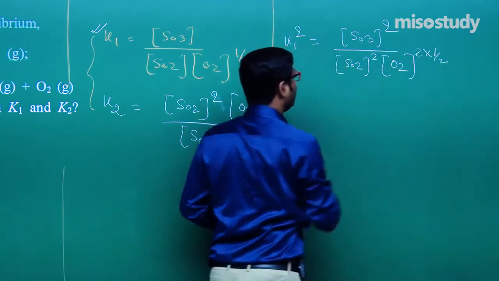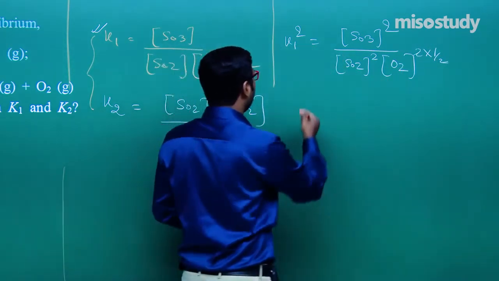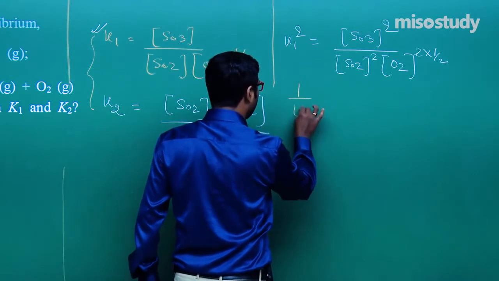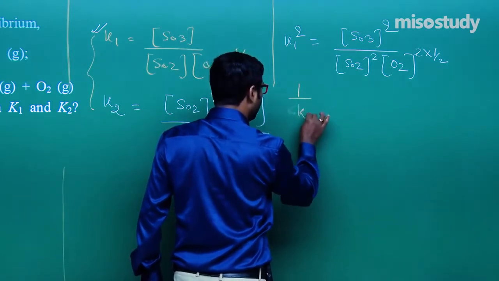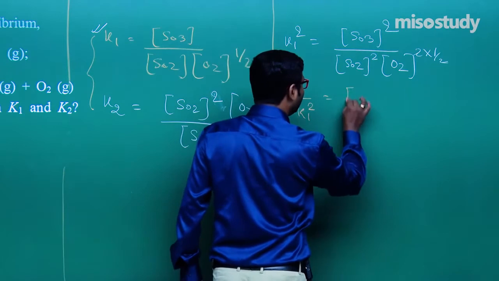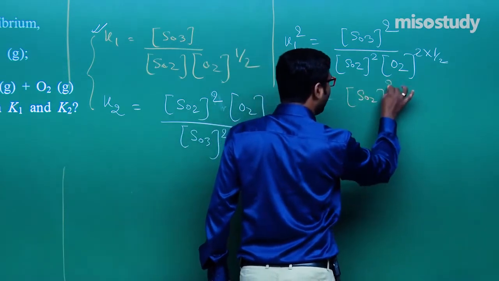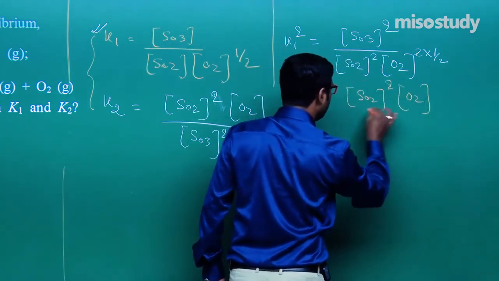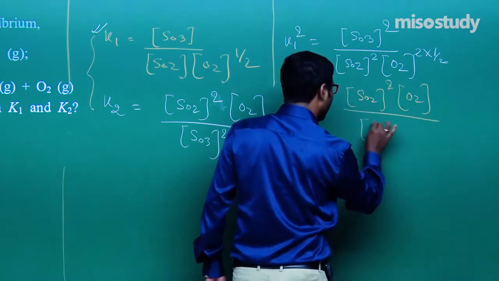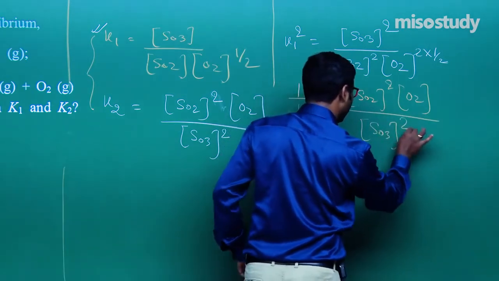This will cancel this one. This is the expression. Now if I reciprocal them, that is 1 upon K1 square, then what will happen friend? That is SO2 square into O2 divided by SO3 square. Clear to you?